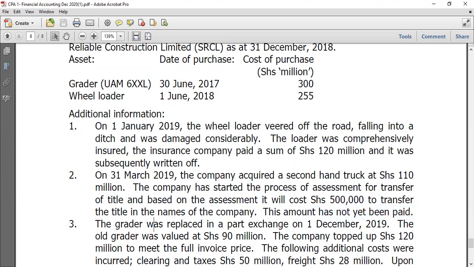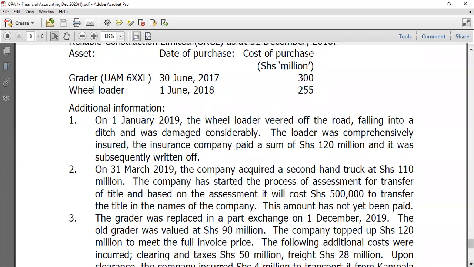The grader was replaced in part exchange on 1st December 2019. The old grader was valued at 90 million. Remember, we bought it at 300 million, and of course it has depreciated over time, so we'll try to calculate its net book value at that time.